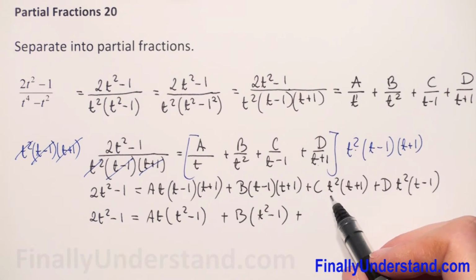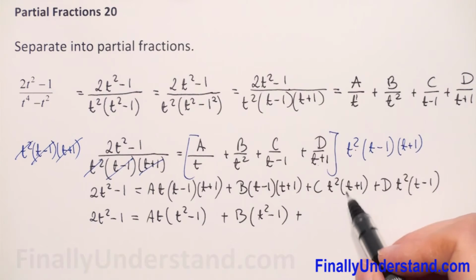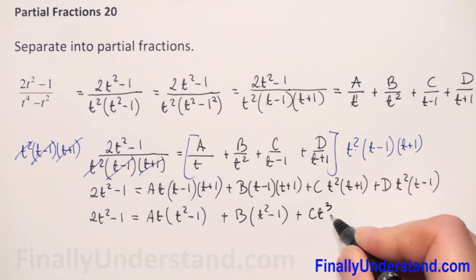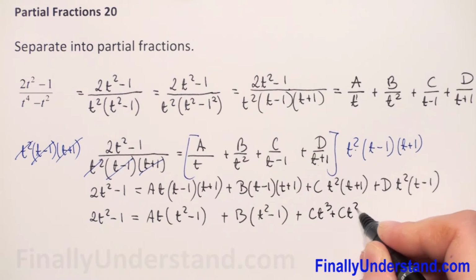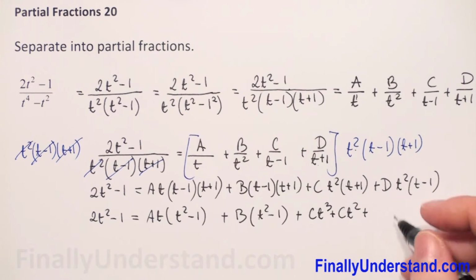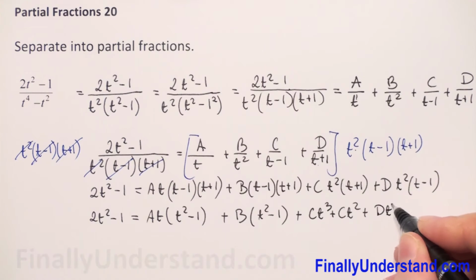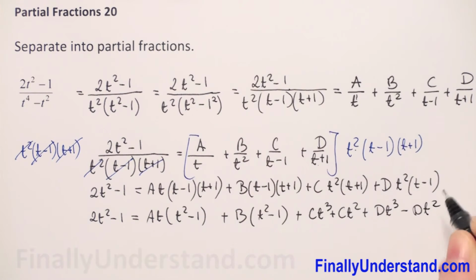We have to distribute ct squared over each term in parentheses, so it will be ct cubed plus ct squared plus, and again the same, we have to do multiplication, dt cubed will be, and now negative dt squared.